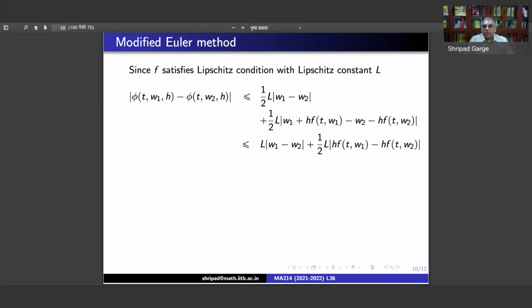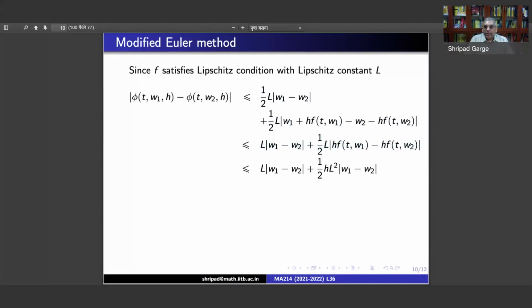Then that W1 minus W2 with an L which has a 1 by 2 outside can be brought together with this 1 by 2 L mod W1 minus W2. Therefore 1 by 2 plus 1 by 2 equals 1, and so you just get L mod W1 minus W2 plus 1 by 2 L mod h f(t, W1) minus h f(t, W2). Now this h can be taken common on both terms. Once you take h common, you will again apply that the function f satisfies the Lipschitz condition.